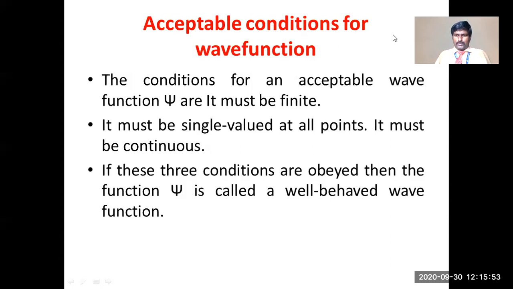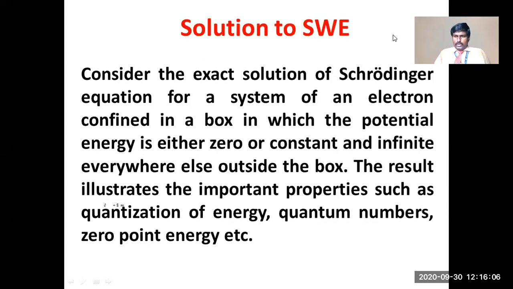Before solving the equation, we are just assuming these conditions, or on one side we can call it a limitation of the Schrodinger wave equation, and then the solution to the Schrodinger wave equation. If you want to solve this Schrodinger wave equation for any system, here we are applying it for the electron.